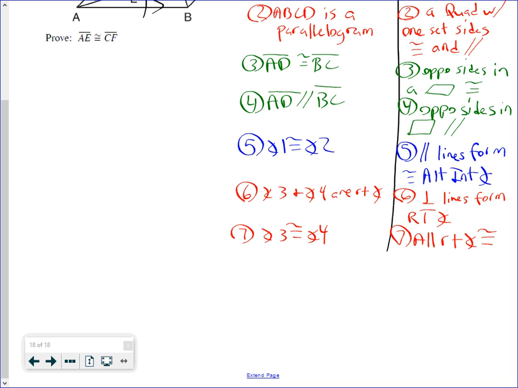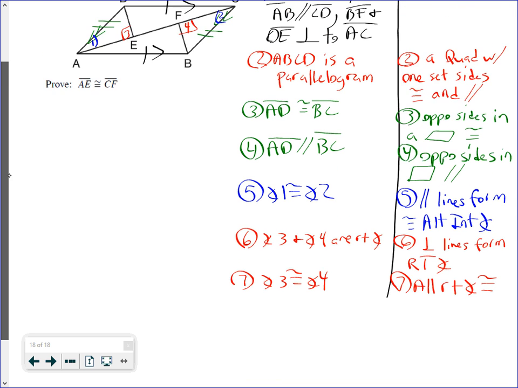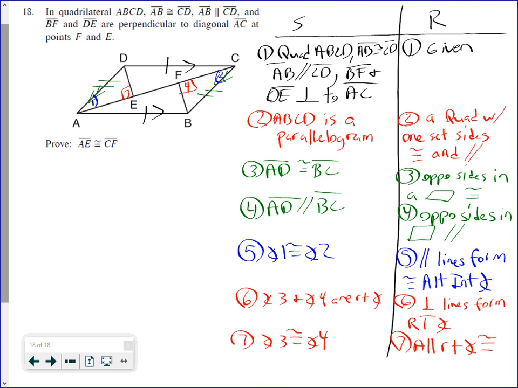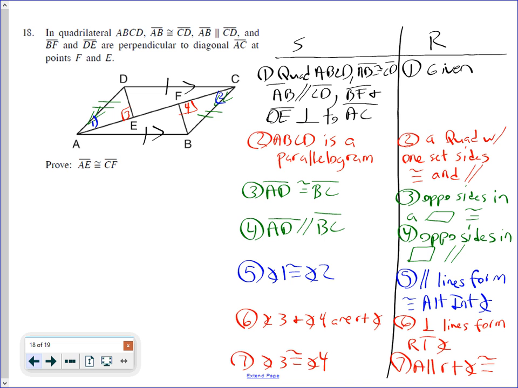So now if we just go back up and check our picture, what do we have? We have angle, angle, side, and we have angle, angle, side. So now our triangles are going to be congruent. Didn't mean to skip a page. Scroll back down here.